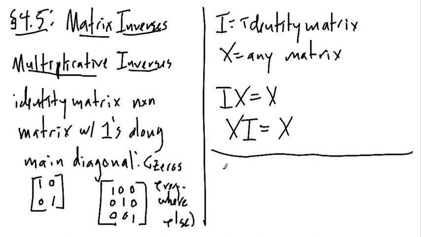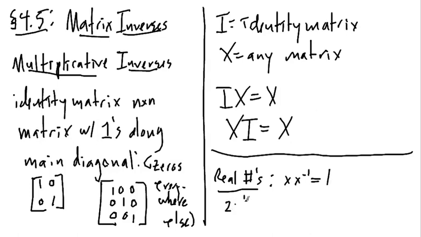Well, what is a multiplicative inverse in the case of, say, real numbers? A multiplicative inverse is something so that when you multiply a number by its inverse, you get 1. So a number x times x to the minus 1, that's how we typically write an inverse, is equal to 1.